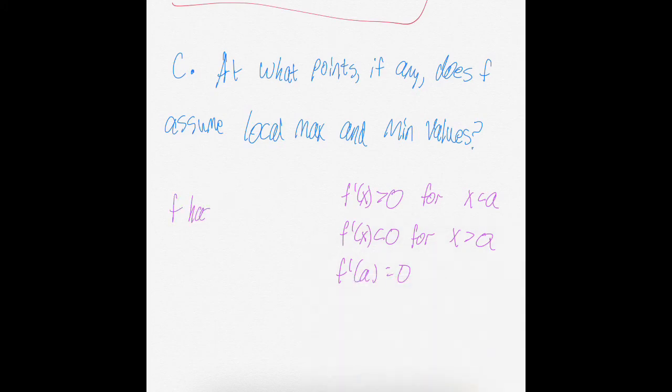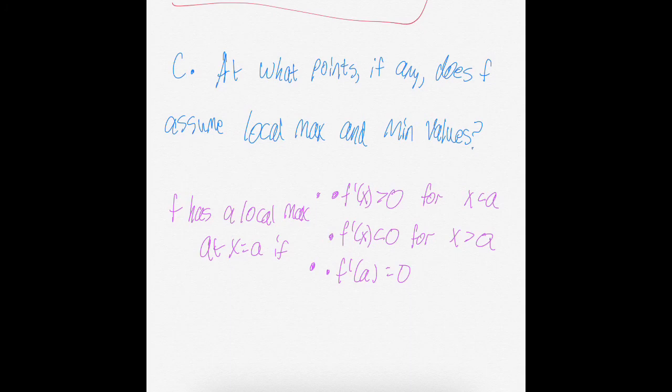Okay, so this is whenever a is a max. Let me change this phrasing and say f has a local max at x equals a if this stuff is true.